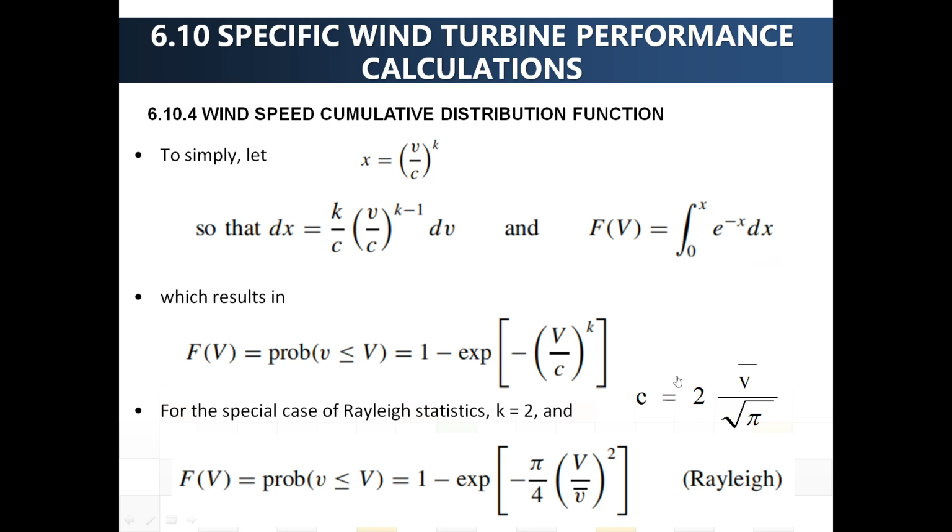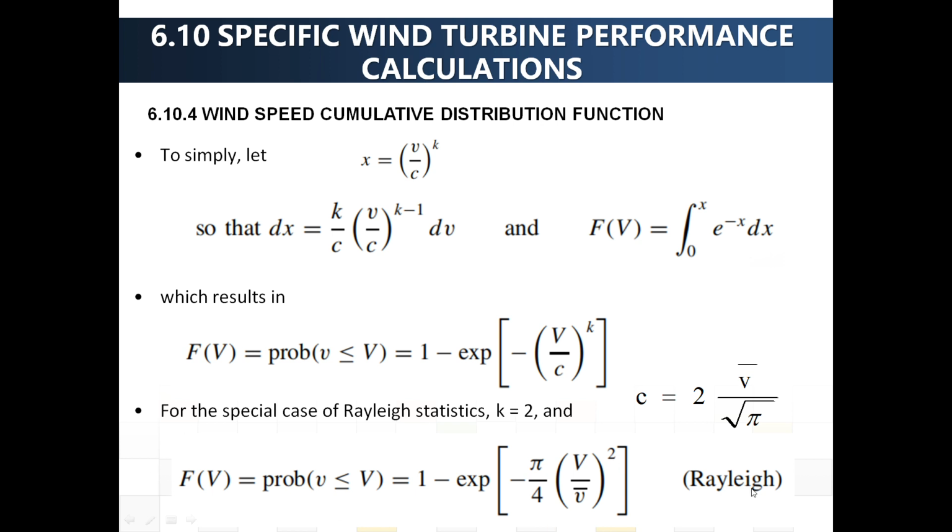For the special case of Rayleigh statistics, k is equal to 2, and therefore c is equal to 2 multiplied by the average wind speed divided by the square root of pi. So the cumulative distribution of V, the probability that wind speed v is less than V, is equal to 1 minus e to the power of minus pi divided by 4 multiplied by (V divided by average V) squared.